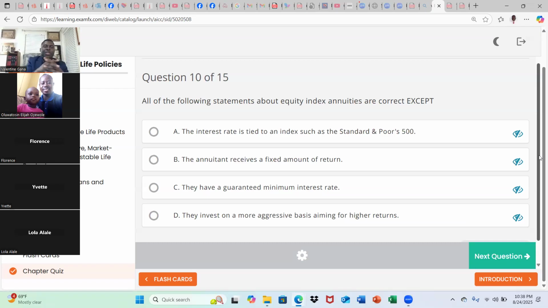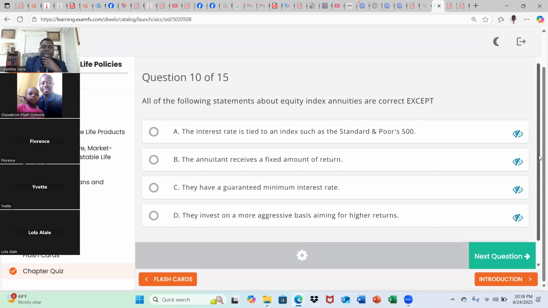I say your minimum interest is 7.25, that's the minimum that is guaranteed. But because it's an equity index, that word index, is if the market is performing higher, you can also receive higher returns up to a certain cap. So they have a guaranteed minimum interest rate. That is true. Your account can never go below that minimum.